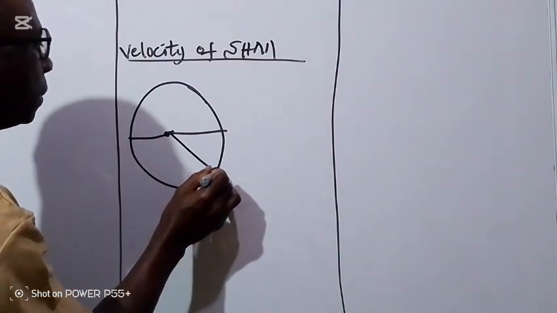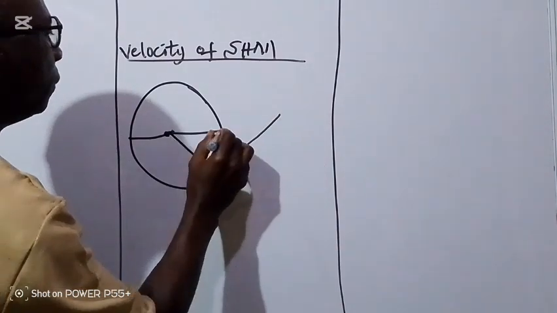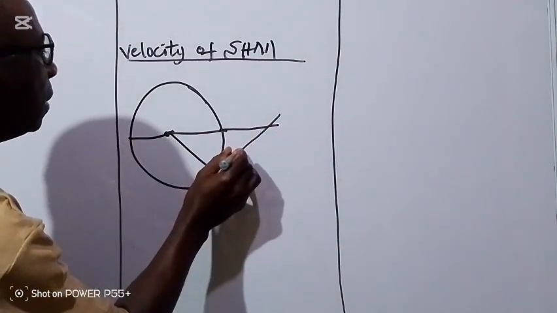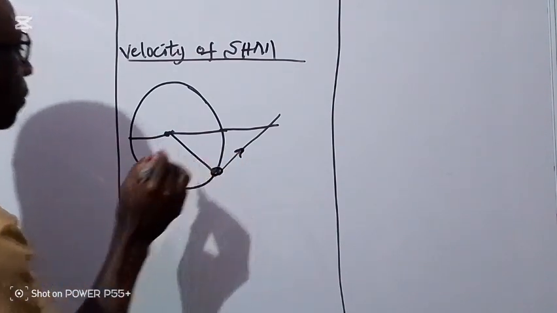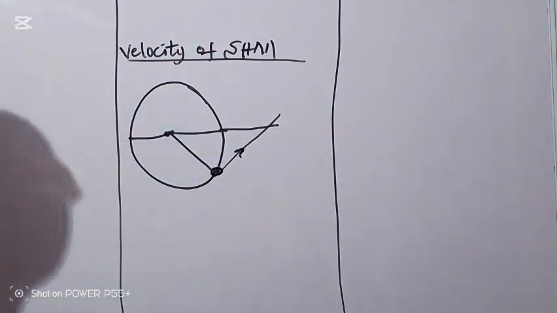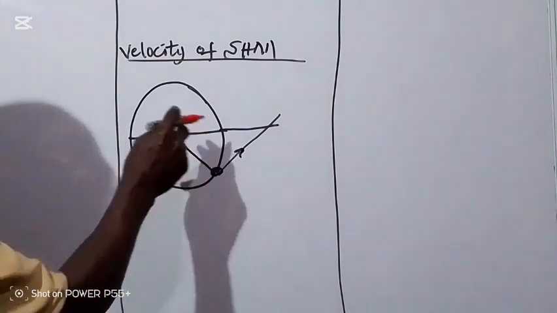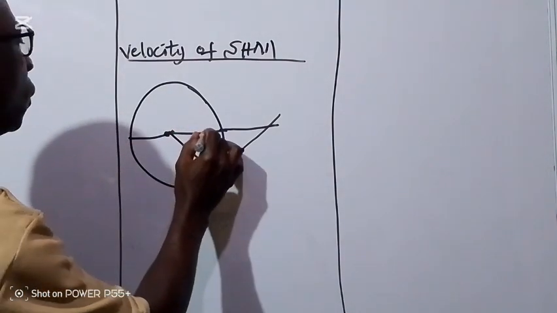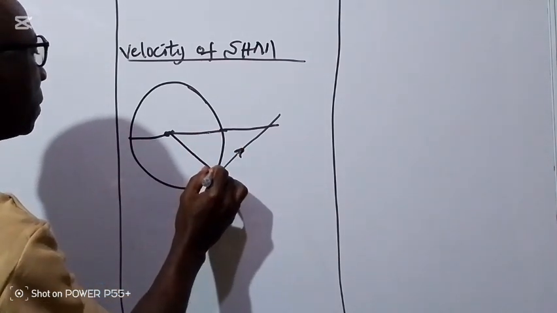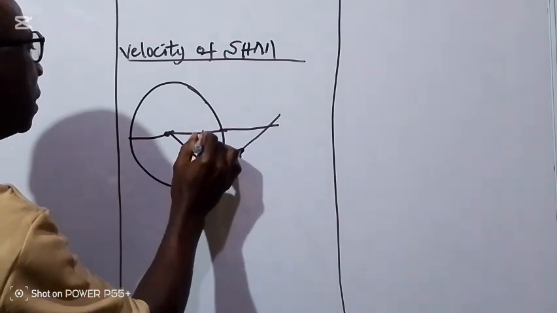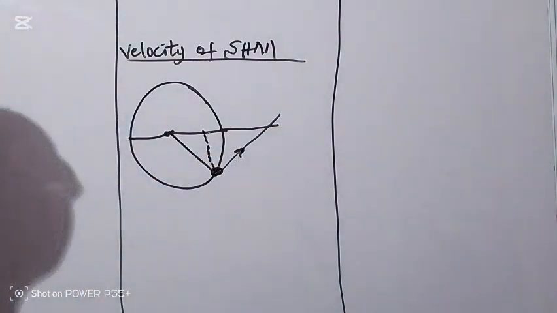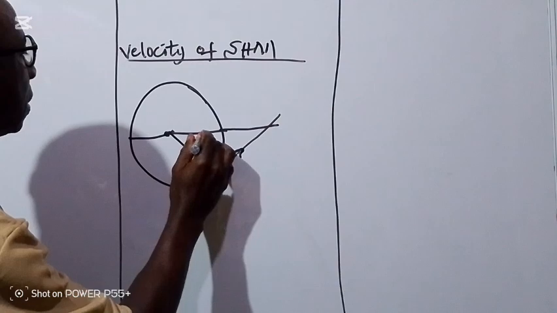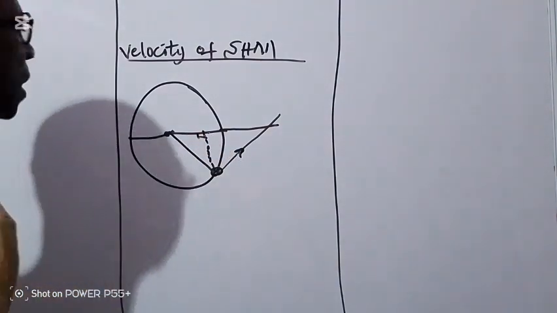Let's pick this point. This is the direction of velocity at this particular point. The velocity of this object will be tangential to the circle, that is, perpendicular to the radius, so this angle is 90.